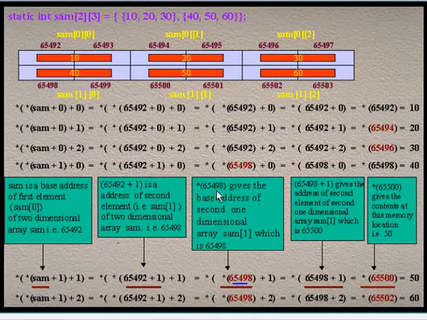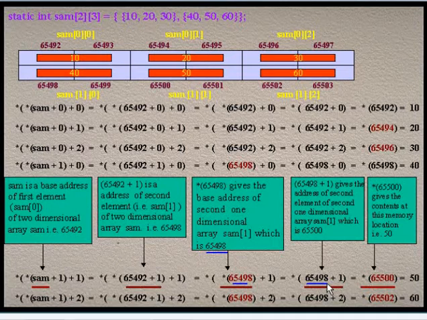Hence *65498 gives the base address of the second one-dimensional array sam[1]. Hence this is equal to 65498. In the previous session I explained this concept in detail and said that this is a very important step, so additional explanation is not required here. So *65498 is nothing but 65498.